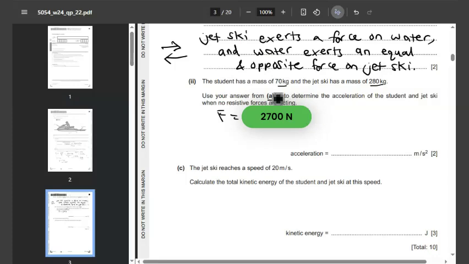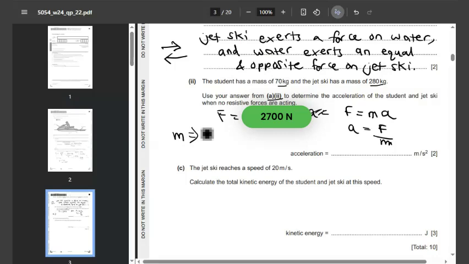So we have force is equal to 270. To find the acceleration, what we need is force is equal to mass multiplied by acceleration. So we have the force and we will find out the acceleration. So acceleration is equal to force divided by the mass.